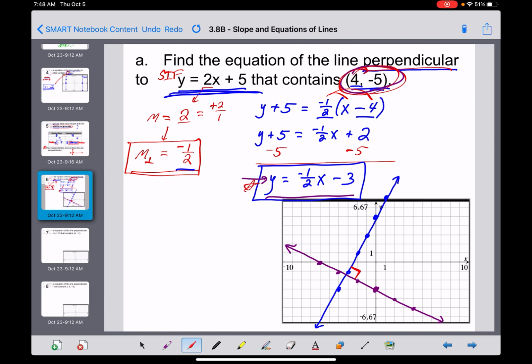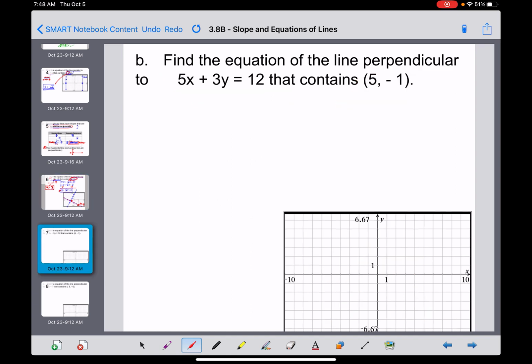Well, from the origin, I'd go 1, 2, 3, 4 units to the right, and then 1, 2, 3, 4, 5 units down. Yep, there's the point right there, 4, negative 5, that our line was supposed to pass through. So the graph doesn't really prove anything, you guys, not formally anyway, but it does make me feel pretty confident that we got this problem right.